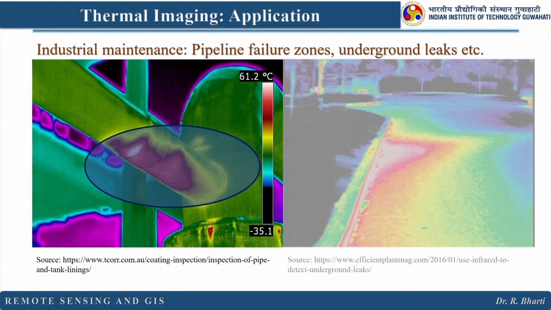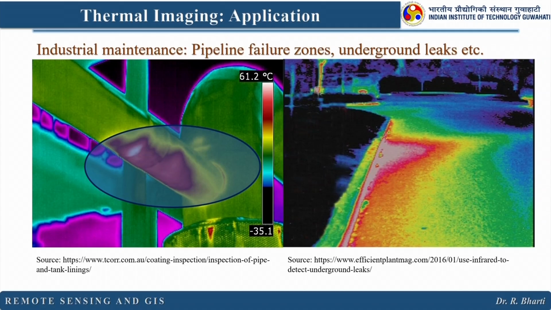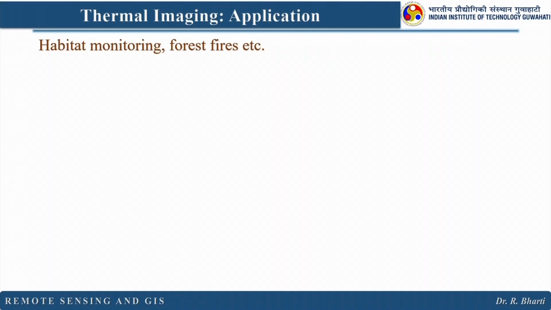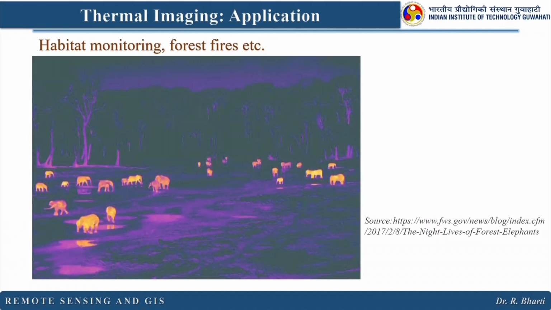The next example is underground leakage, because from the surface it may not be visible, but if you take thermal images, it will be very evident that it is spreading. You can see here. So these are a few advantages of thermal remote sensing.